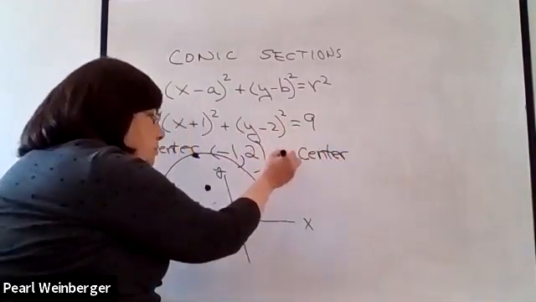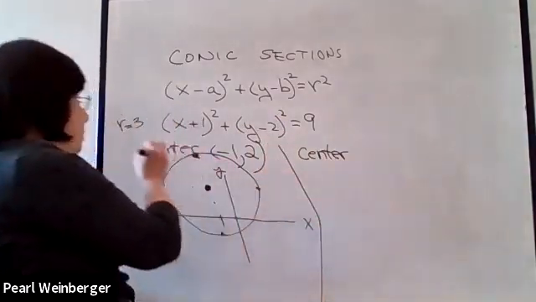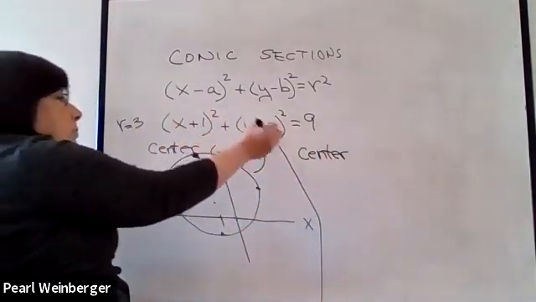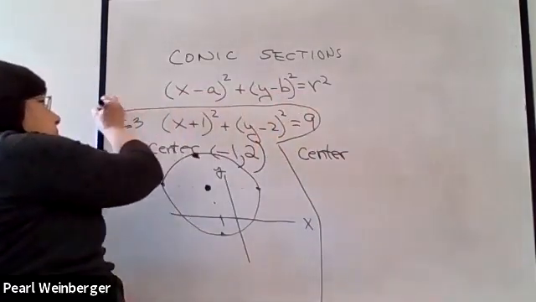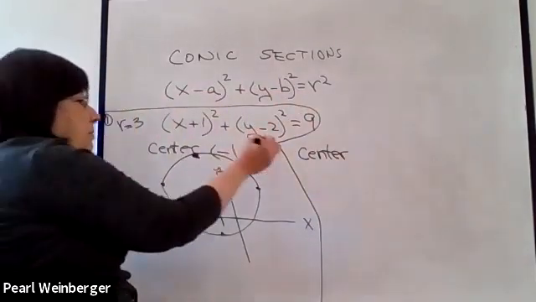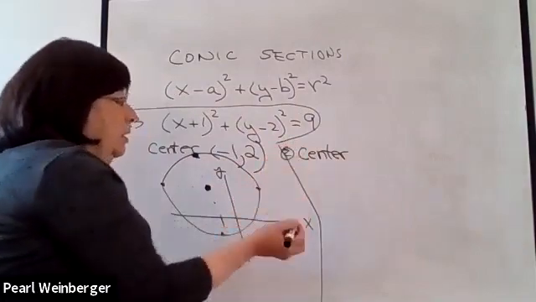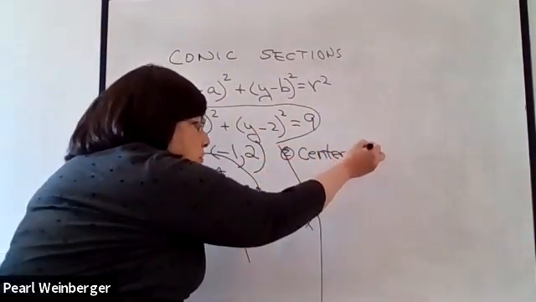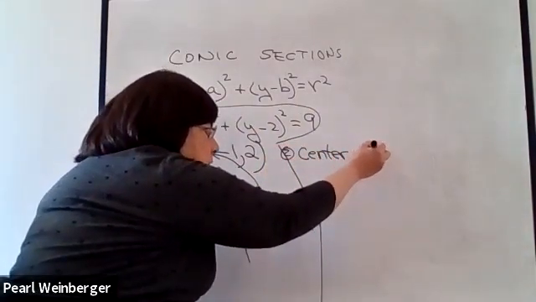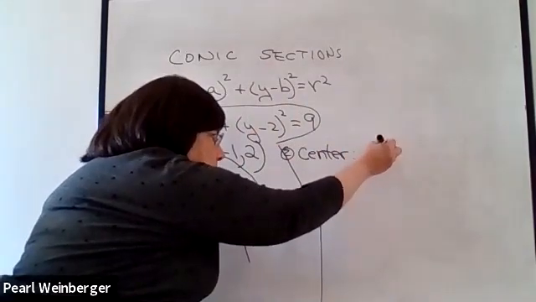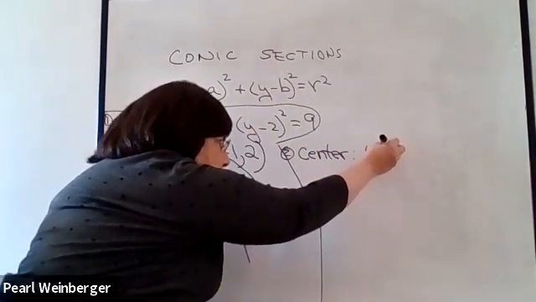This is a different example. This was example 1. This is example 2. In example 2, the center of my circle is (4, -5).